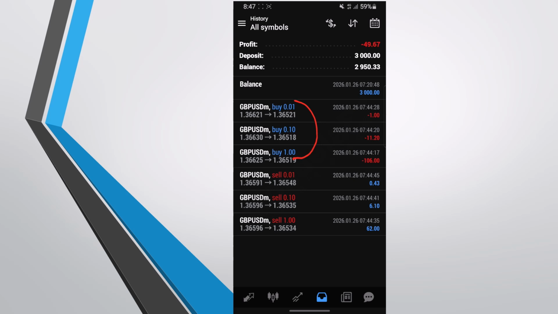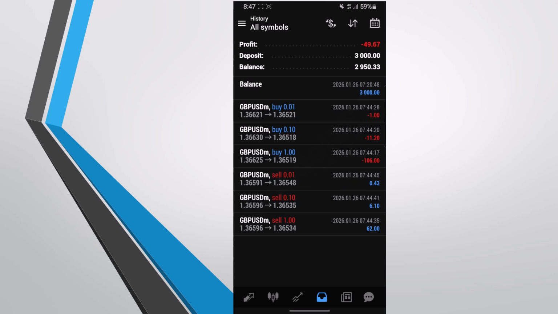All right, talking about the sell trades now, this one did not run up to 10 pips. You can see this 1 micro lot size on the sell side did not run up to 10 pips, so it's not up to $1 profit before I close them. This one is about 4 pips, almost 5 pips. That's why it's giving you $0.43.